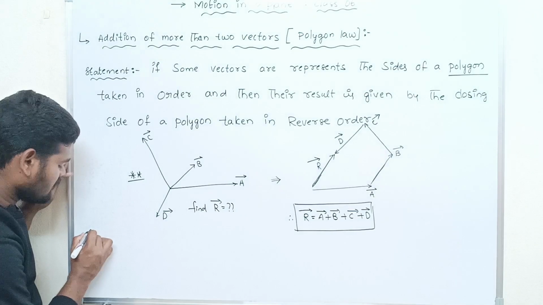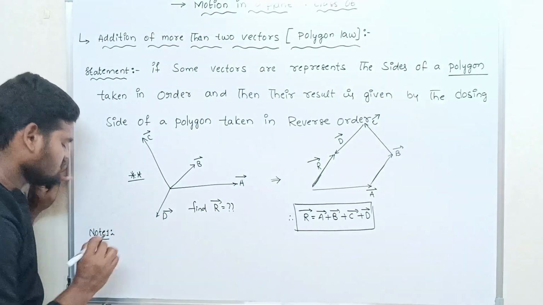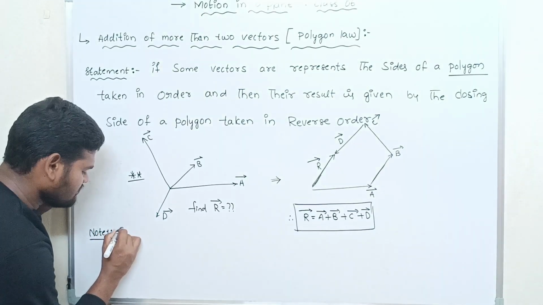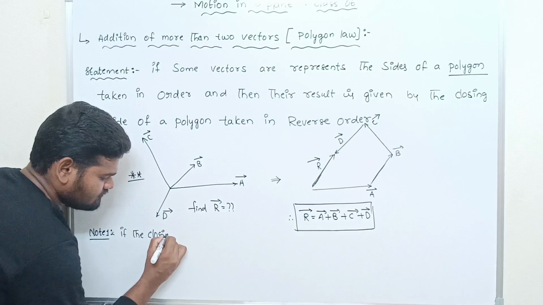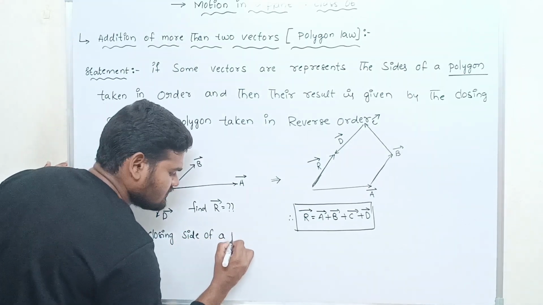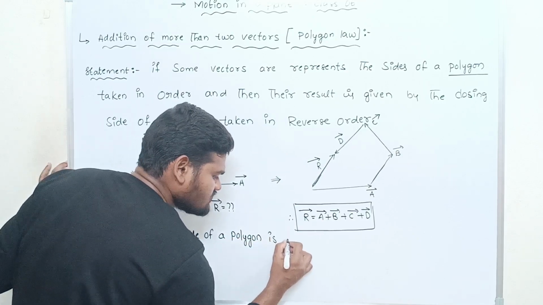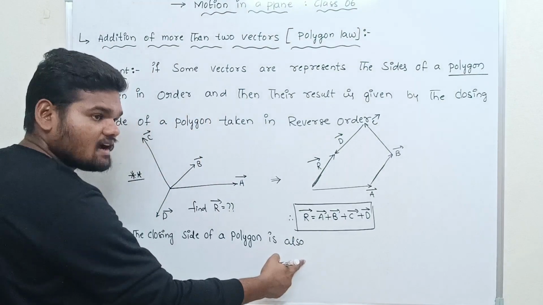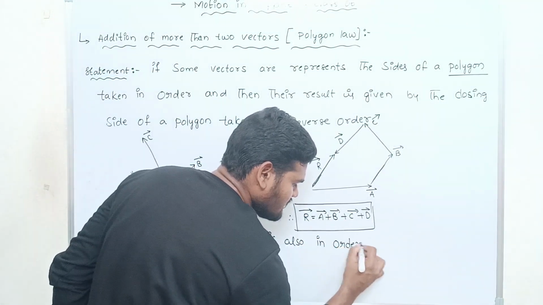Okay. Have a look, one note is there. Note number 1 is, if the closing side of a polygon is also in order.